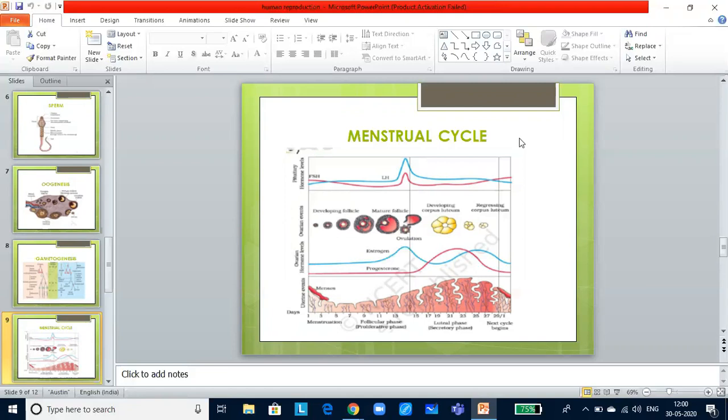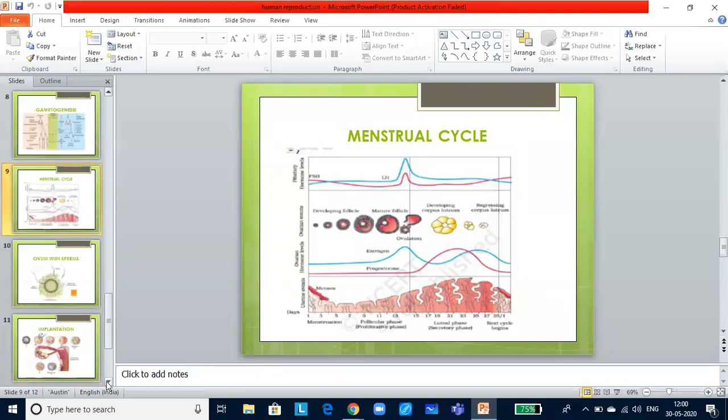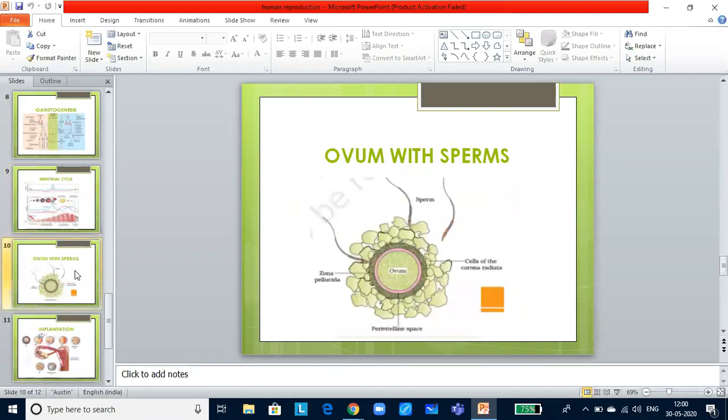Ideally speaking, between 11 to 15, anytime you will be able to get your menarche or the first onset of menstrual cycle, and similarly, menopause will be between 45 to 50. But there is no hard and fast rule that this is the age and that is the age. Generally, in a healthy individual, the menstrual cycle goes on from about 12 years for 25 to 30 years, and that will be the normal period.